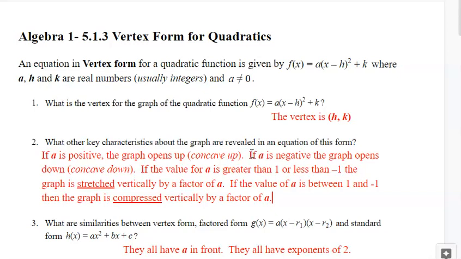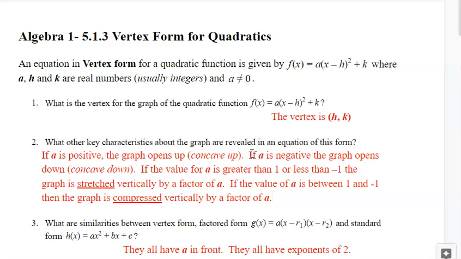If the value of a is between positive 1 and negative 1, so it's a half or negative 1/3 or something like that, the graph is compressed vertically by a factor of a. So think of it as half as tall when a is 1/2, or 1/3 as tall. It's shorter. It's squished vertically.